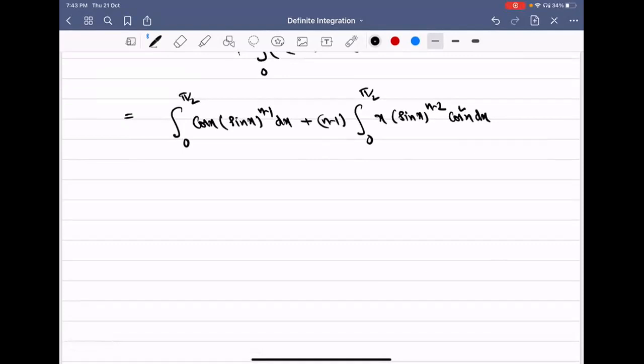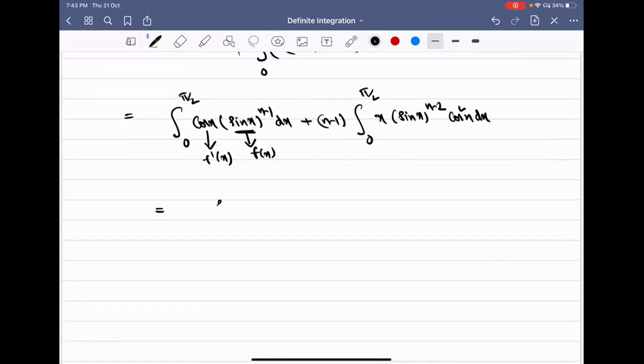Now, to solve this integration, if sin x is f of x, then this cos x will be f dash x. Therefore, this integration will be t dt form.